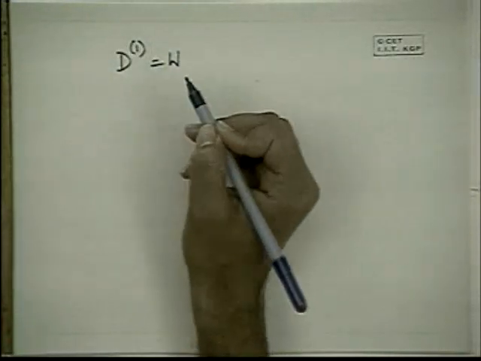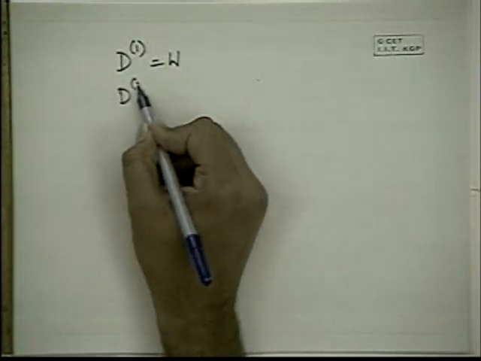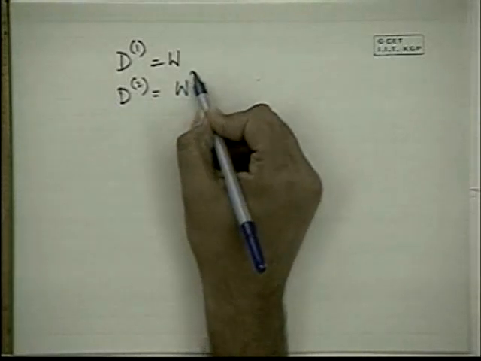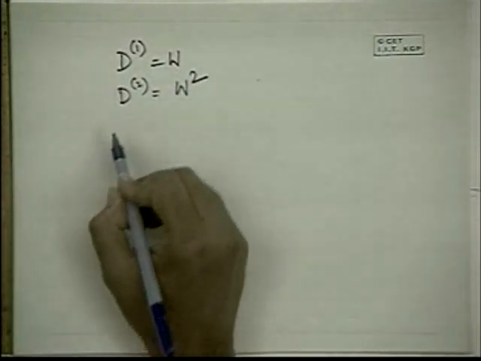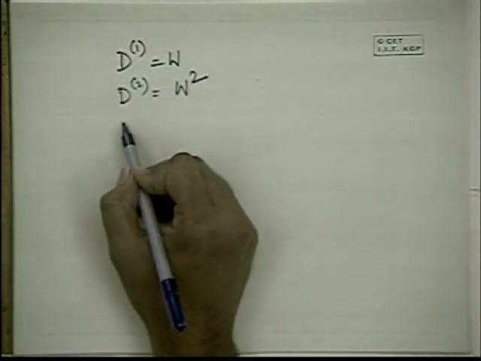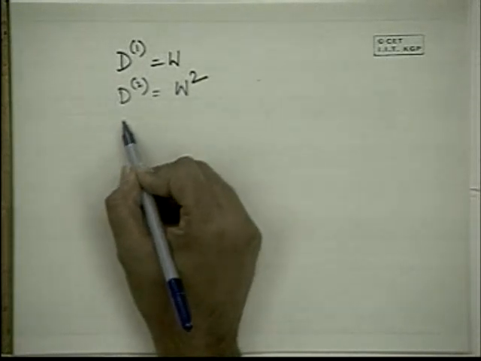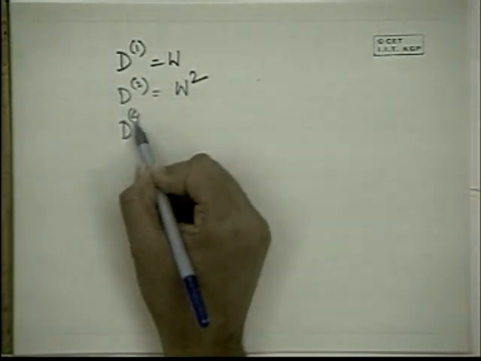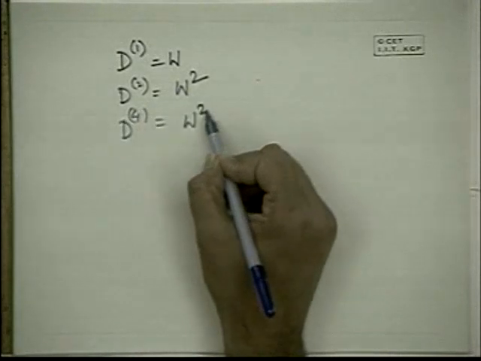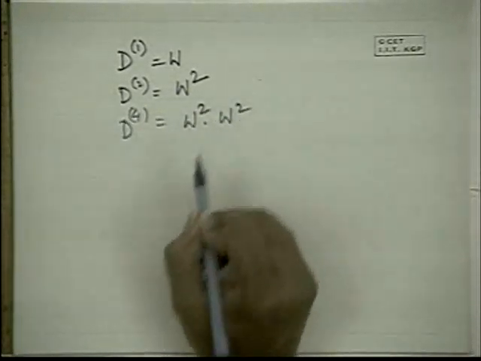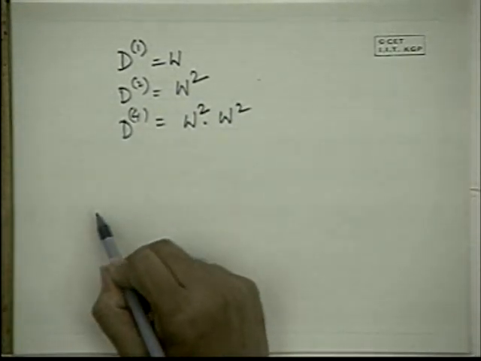What is that trick? You compute d1, which is equal to w, then d2 is equal to w square, w cross w. Now going to d3, I would not compute d3, I will straight compute d4, because I know w square, I have computed it. If I multiply w square with w square, I will get d to the power 4.